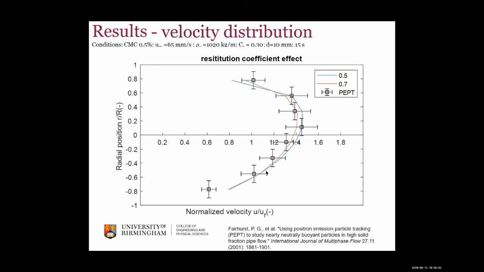The velocity profile that we have is at this condition, with this flow rate, the solid density is 1020, and the solid volume fraction is 0.3%, let's say 30%, and the diameter is 10 millimeter.